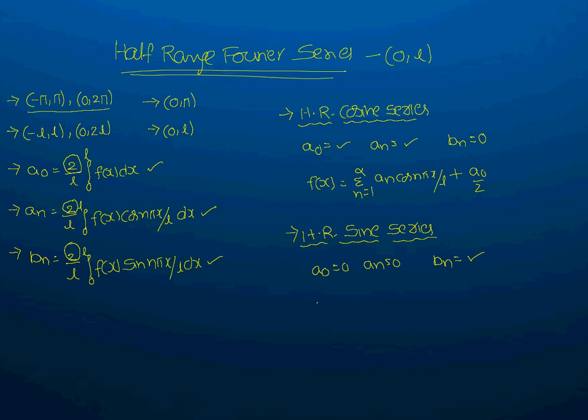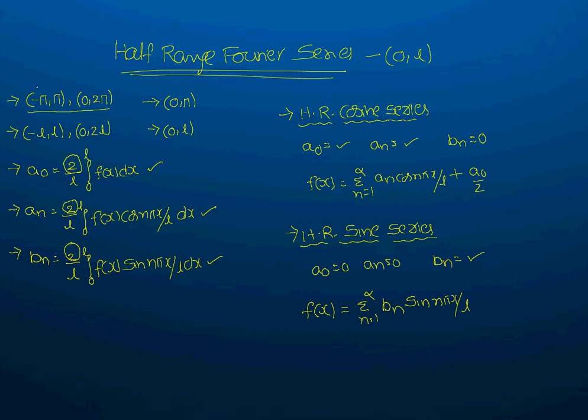You have to consider that. Therefore the Fourier series, a naught and an vanish, so f of x is equal to sigma n is equal to 1 to infinity bn sin n pi x by L. This is about the half range Fourier series.